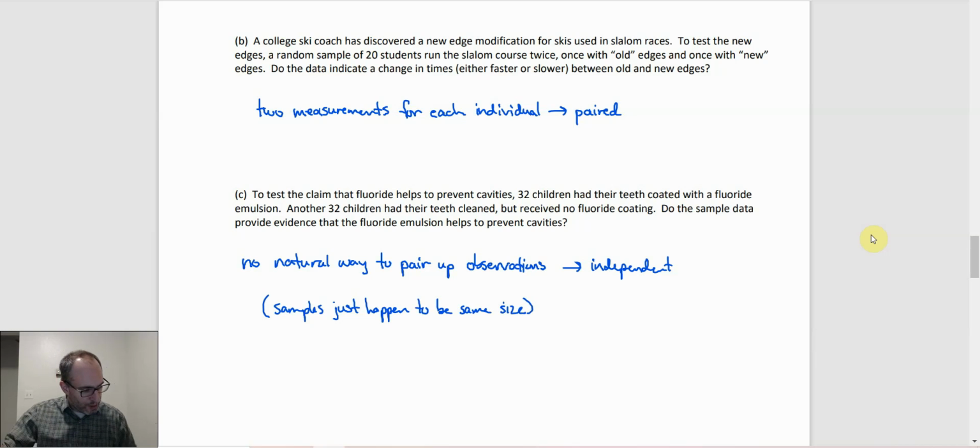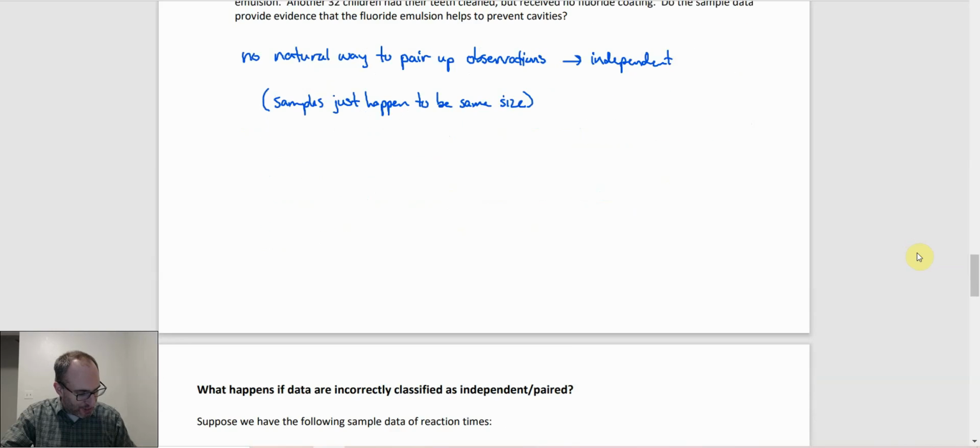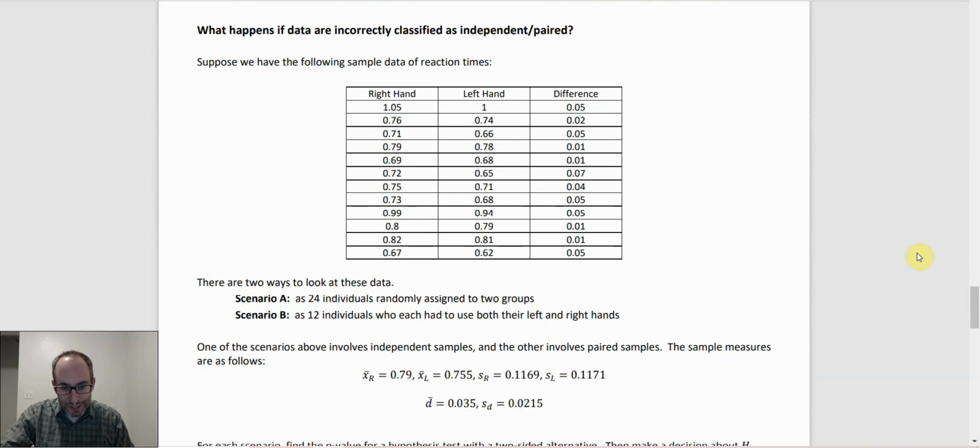Okay. Then the next thing is, well, what if you got this wrong? Right? What if you had paired data, but you accidentally consider it to be independent, or vice versa? What happens? Well, this is what happens. So, all right, here, this looks like it's supposed to be paired data, right?